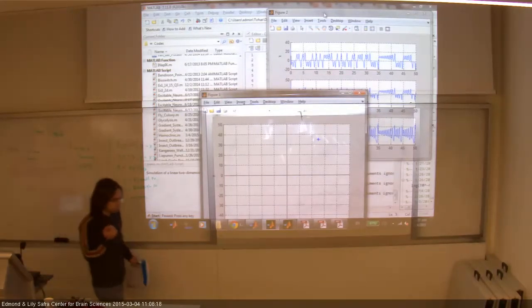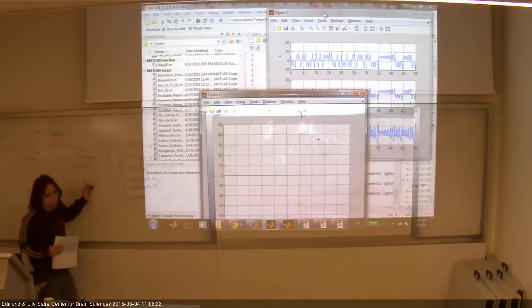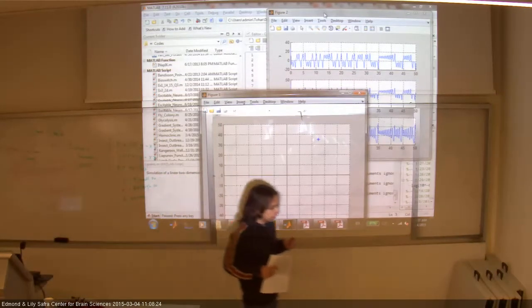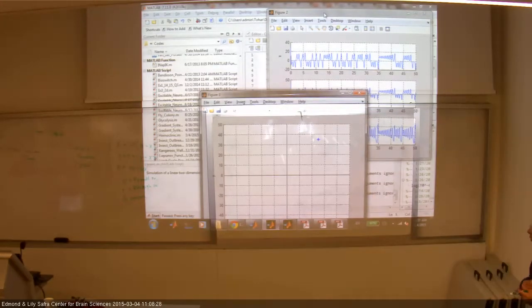So Edward Lorenz was working in the 50s and 60s, and you can maybe imagine the kind of computers he had to run the simulations on.